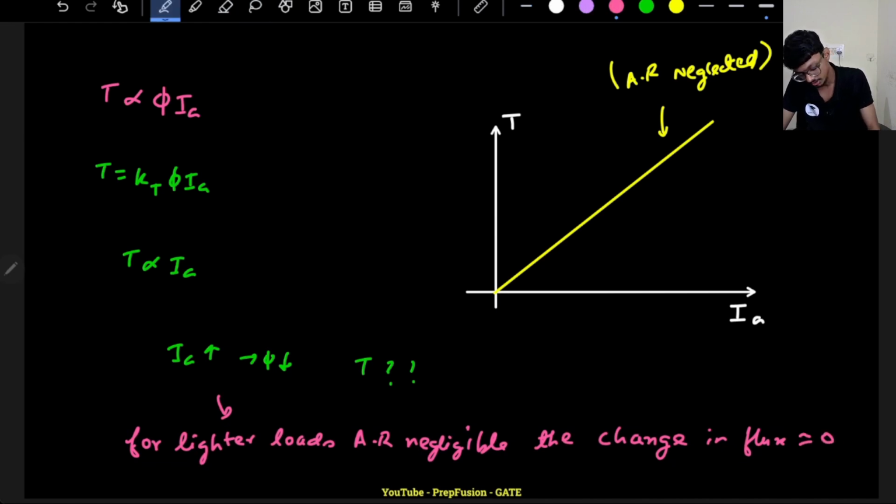So if the change in flux is zero, roughly for lighter loads this will follow the same linear graph.